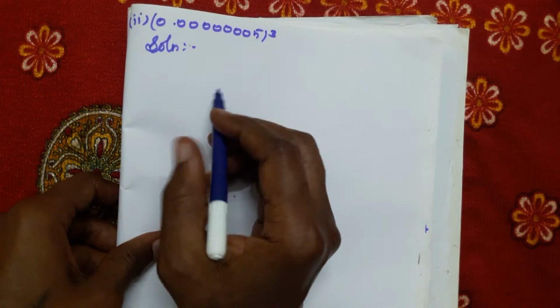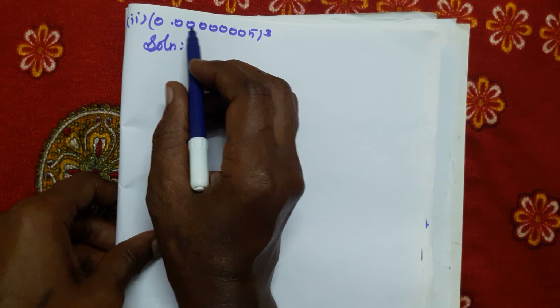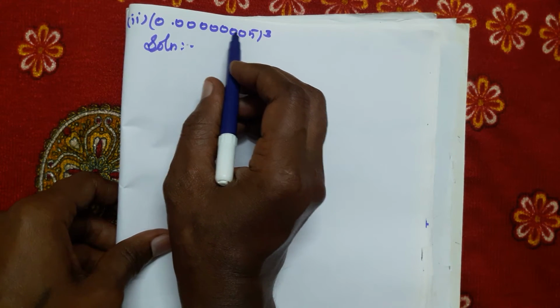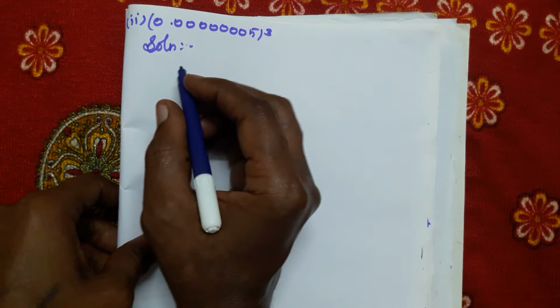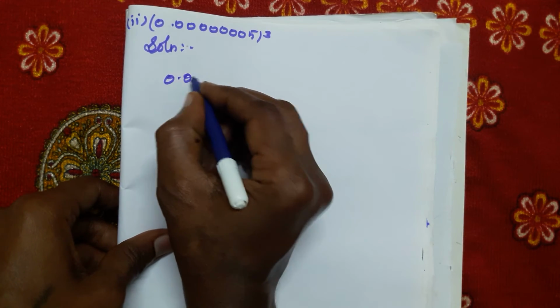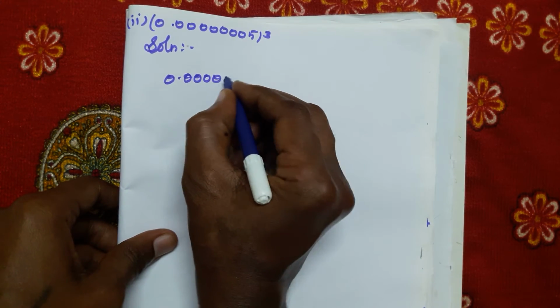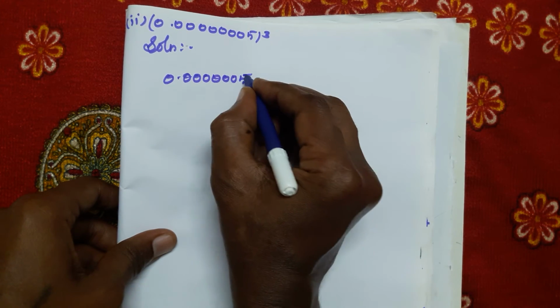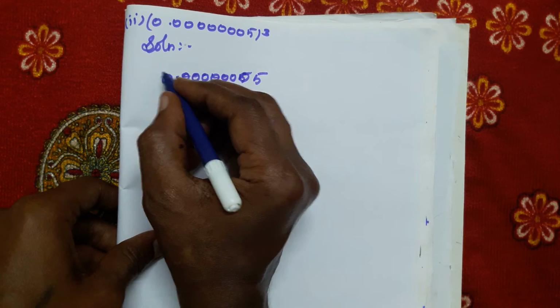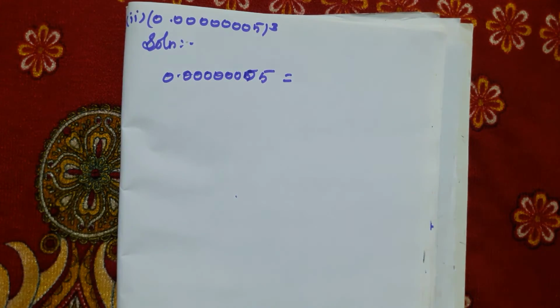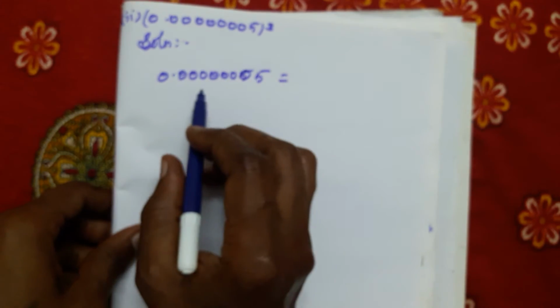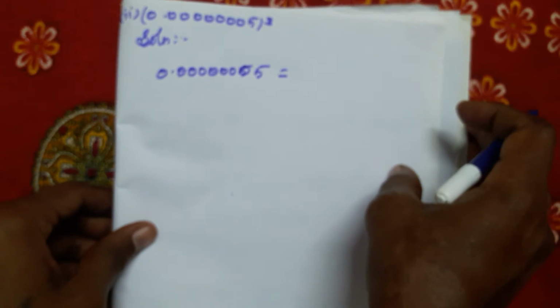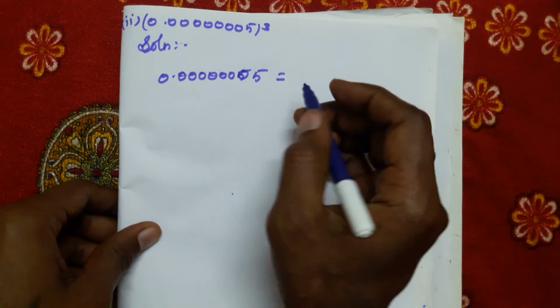Now the second problem: 0.00000005 the whole cube. First, 0.00000005 is equal to 5 into... What's the scientific notation of this decimal expansion?